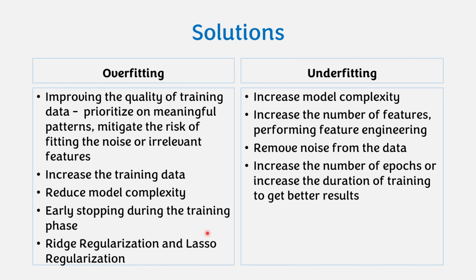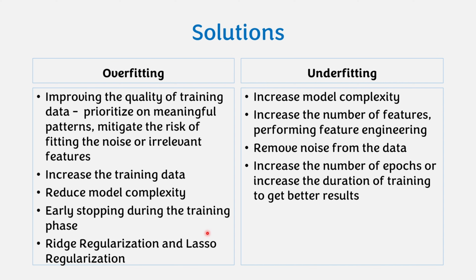So what can we do to avert the effects of overfitting and underfitting? For overfitting, the first thing we can do is improve the quality of the training data, which includes doing good feature engineering so that you understand your data. Features that are not relevant, you can get rid of. Features that are of high relevance, you can optimize.